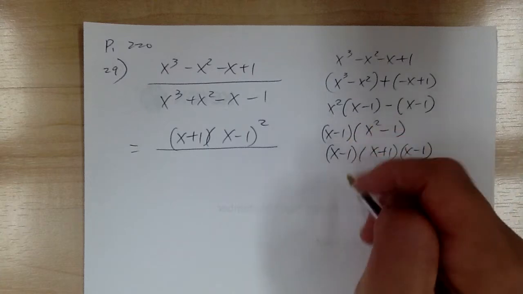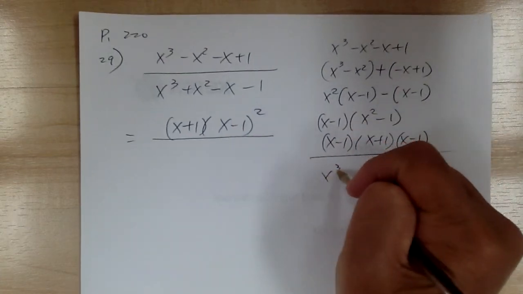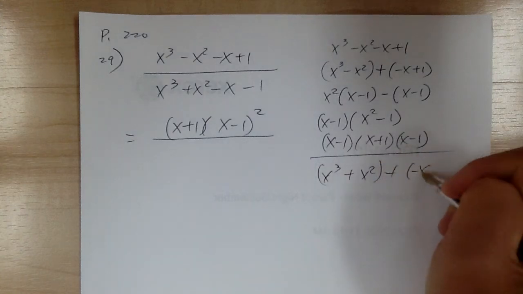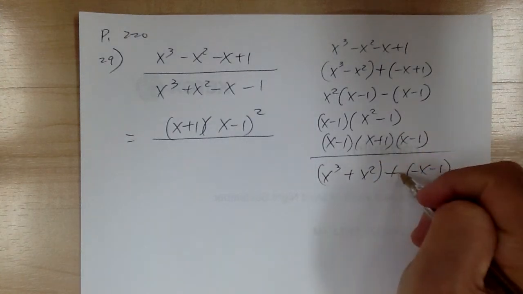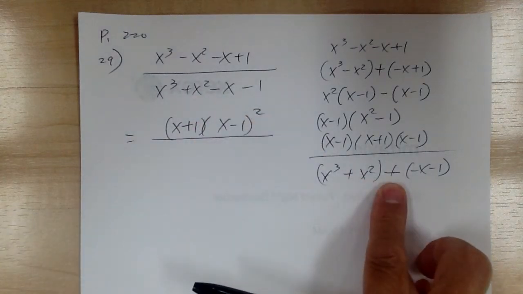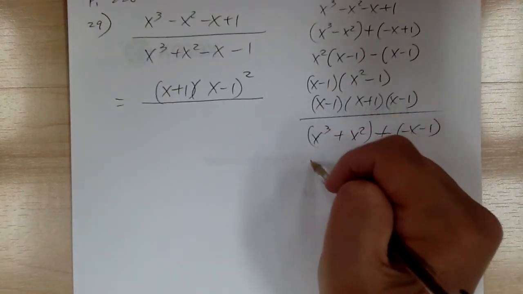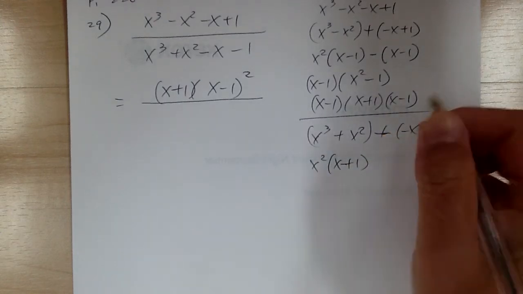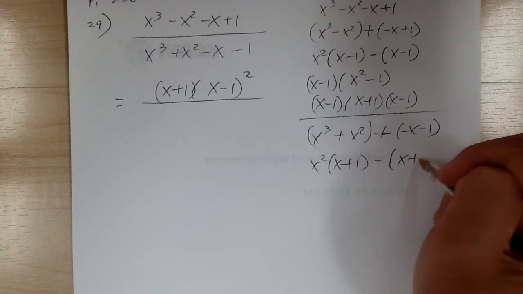Now you do the same thing on the bottom. You have x cubed plus x squared minus x minus 1. So I'm going to group the first two as a group, and again, always put a plus between the two groups. Factor out the x squared, and for this one you factor out the -1, so you get x plus 1.